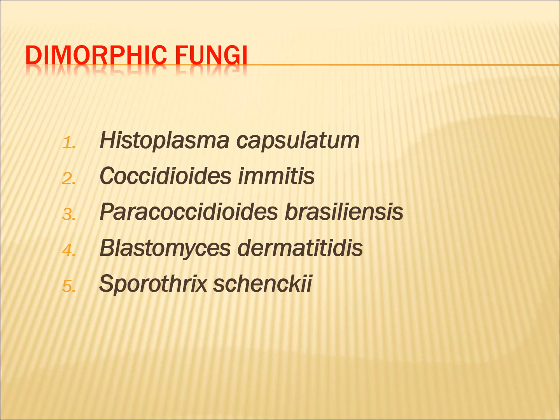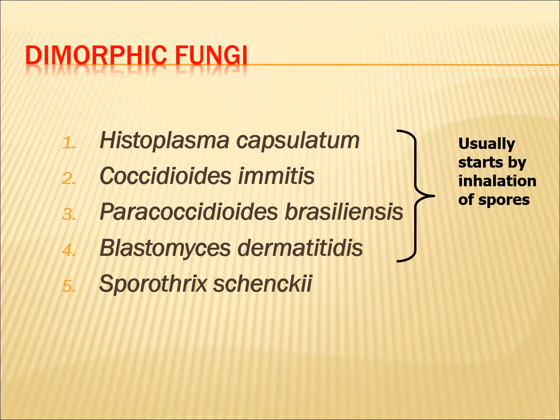Dimorphic fungi include Histoplasma capsulatum, Coccidioides immitis, Paracoccidioides brasiliensis, Blastomyces dermatitidis, and Sporothrix schenckii. Dimorphic means the fungi can grow in the environment and in host tissue, at 24 degrees centigrade and at 37 degrees centigrade. Infection is usually initiated by spore inhalation or by direct introduction through trauma or skin abrasion.